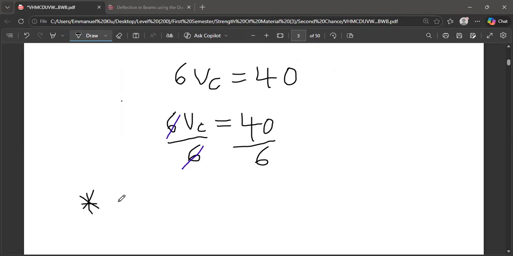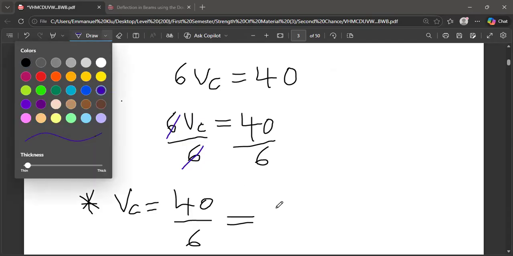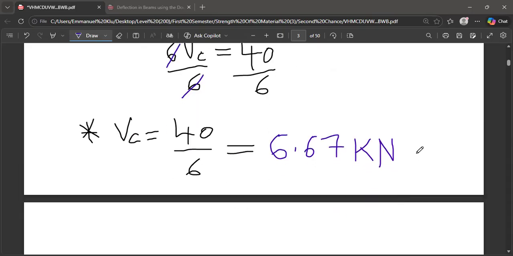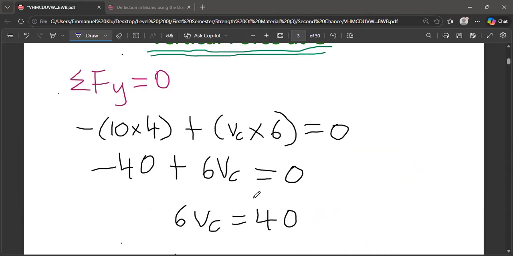If we put an asterisk over here, this is still going to be VC is equal to 40 over 6, which is equal to 6.666666, recurring decimal. We want to just maintain 2 decimal places, so we say 6.67. Okay. Since it is a force, we name it as kilonewton. Then we are done finding the vertical force at C.